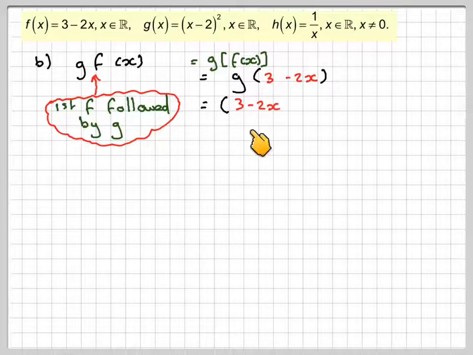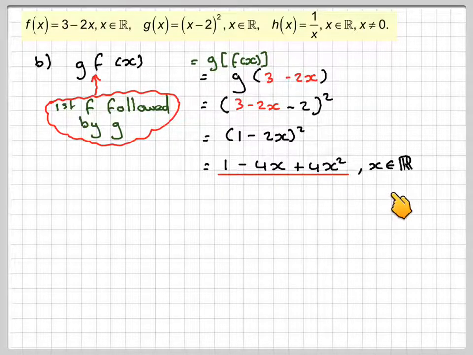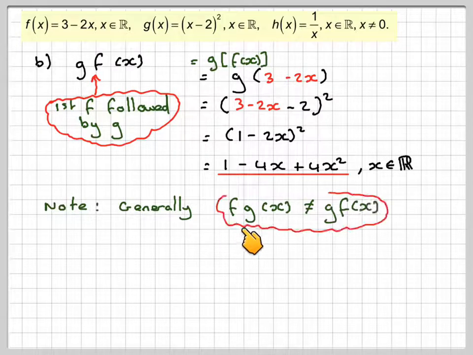So this is going to be (3 minus 2x minus 2) all squared. We've replaced the x with 3 minus 2x, we've still got the minus 2, and we've got to square that. 3 minus 2 is 1, so 1 minus 2x, and then we just expand that. We get 1 minus 4x plus 4x squared, for x belonging to the set of real numbers.